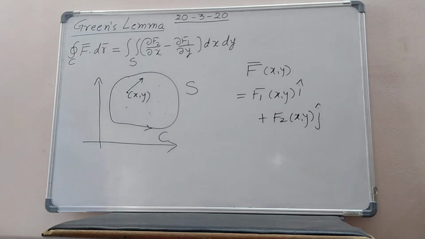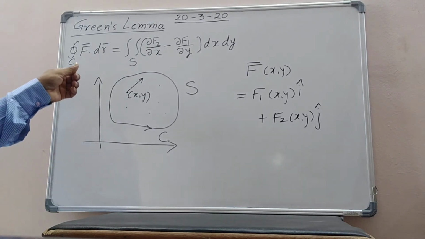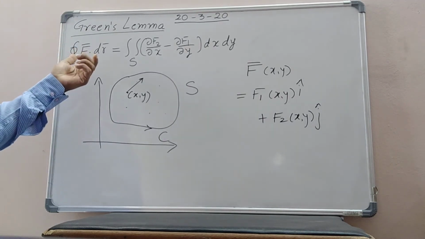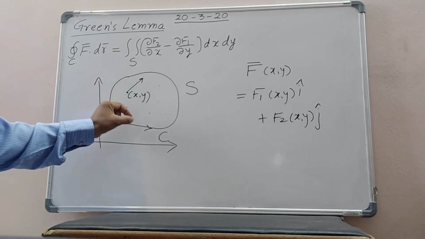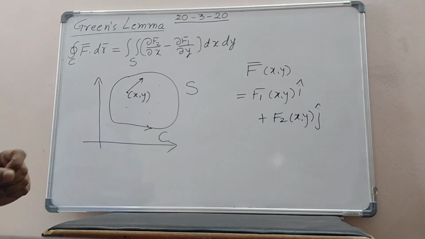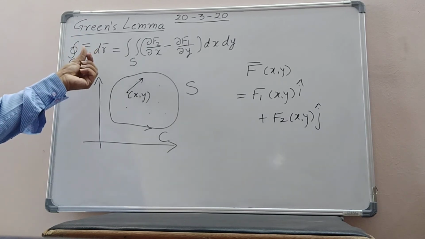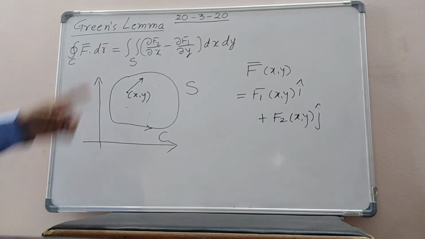What is the physical interpretation of Green's lemma? Now if you think of f bar as the force, then f bar dot dr bar is the work done when some object is traveling a short distance. And therefore if you add up all such works, what you get is the work done over C. What is dr bar?